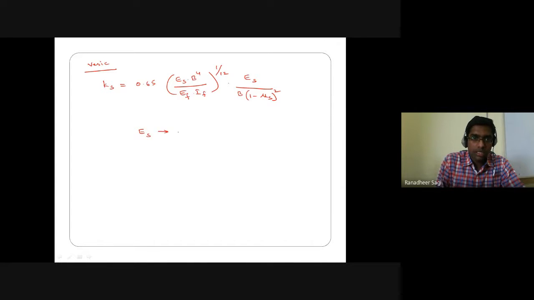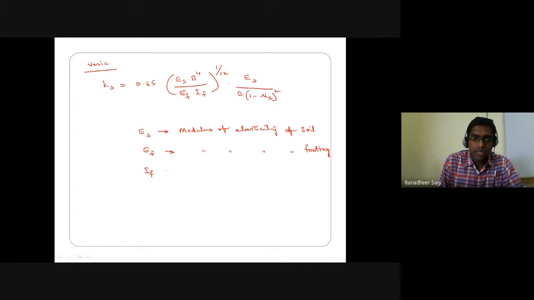ES indicates the modulus of elasticity of soil. EF indicates the modulus of elasticity of the footing material.